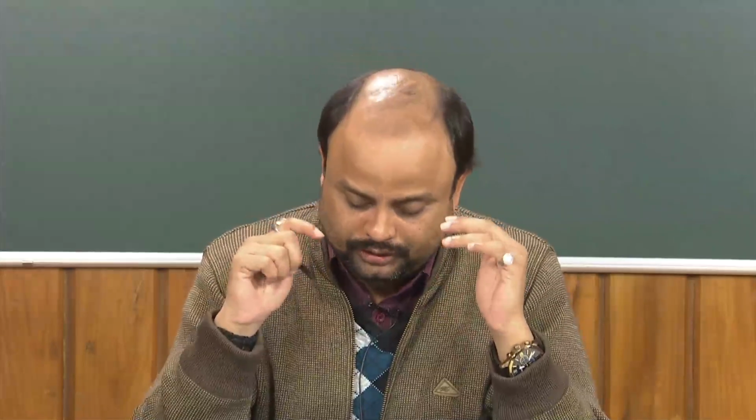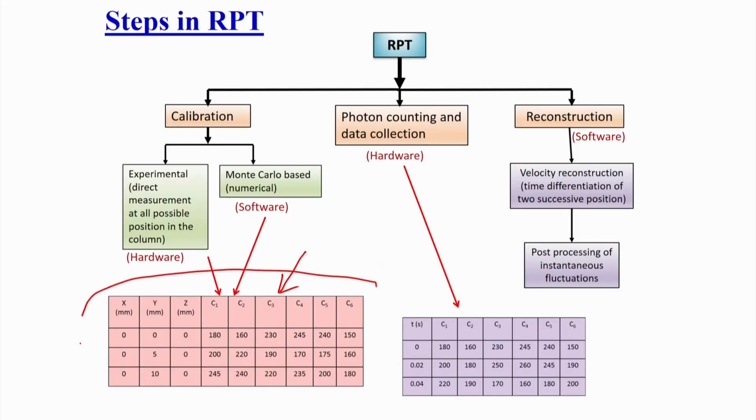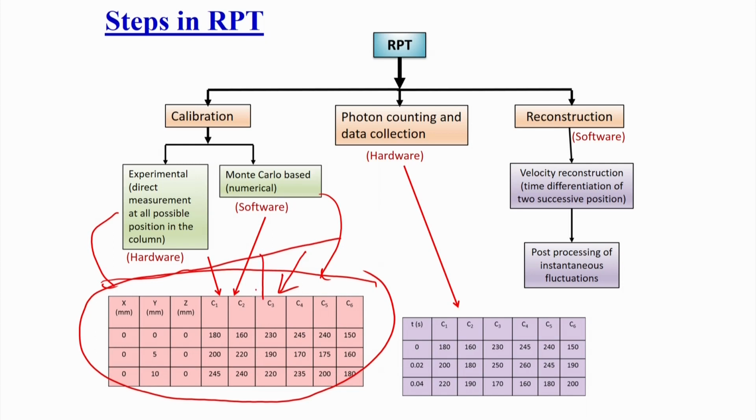If it is fine, then we go ahead, we do the calibration for certain more points in experiments, we tune our Monte Carlo program again, we do the numerical calibration, and we generate a lookup table which says how the position of the particle is changing with the count. So, we get this either through experiments or through simulation or through the combined effect of both together. So, we get a lookup table.